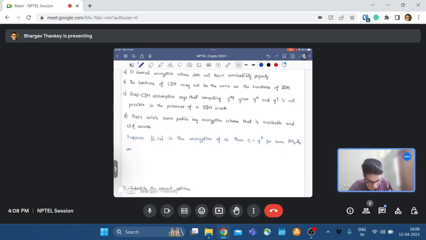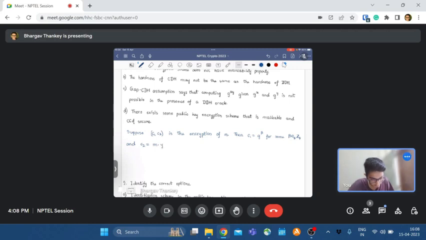And C2 is equal to M times Y, or rather the public key to the beta. And the public key would be g to the alpha. So this is M times g to the alpha beta.